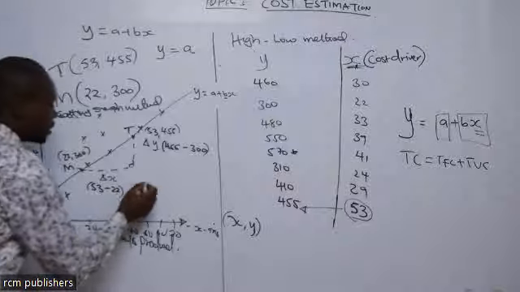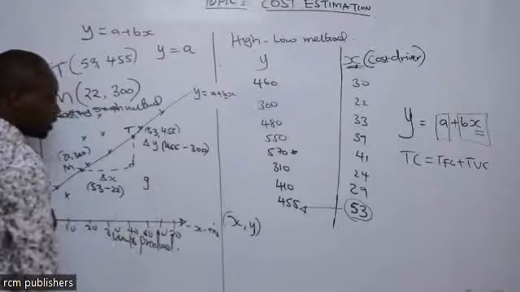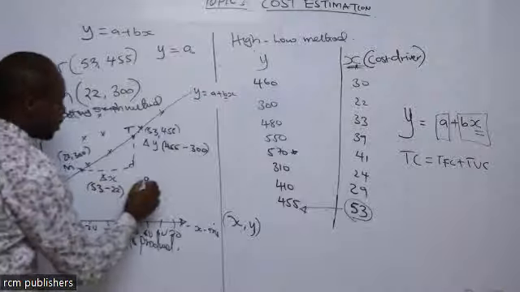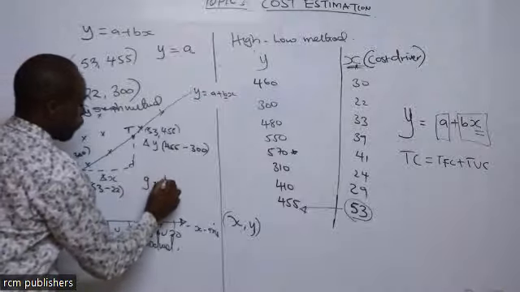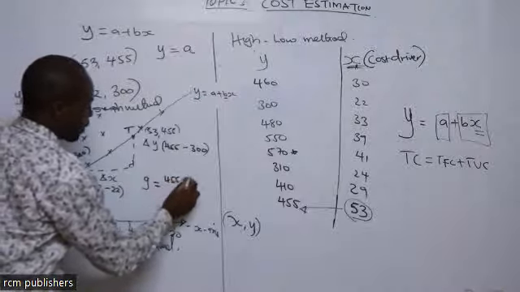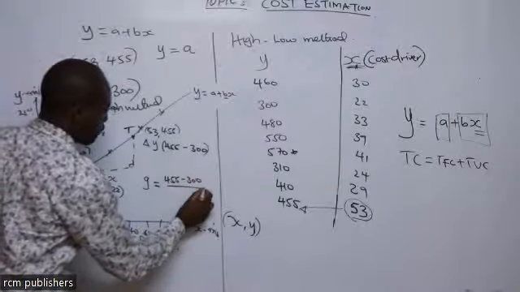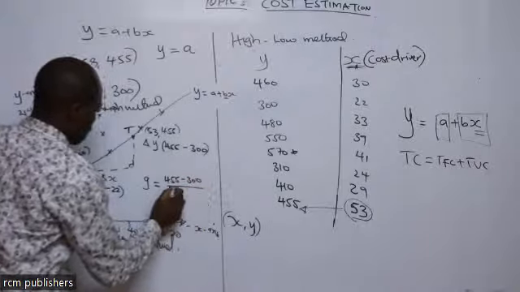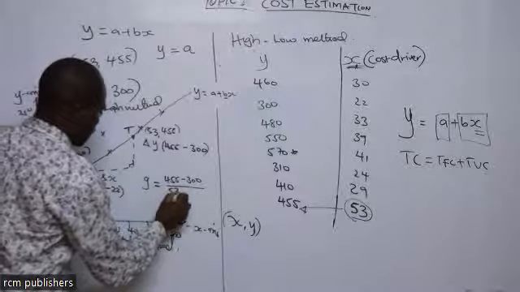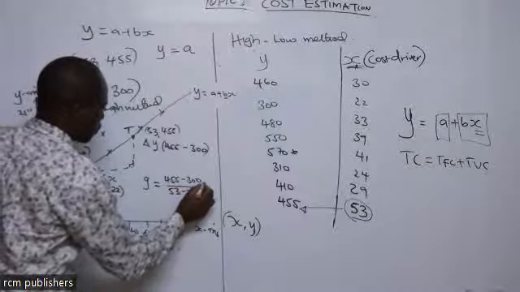So let us now get the slope or gradient of that curve, equal to 455 minus 300 over 53 minus 22.